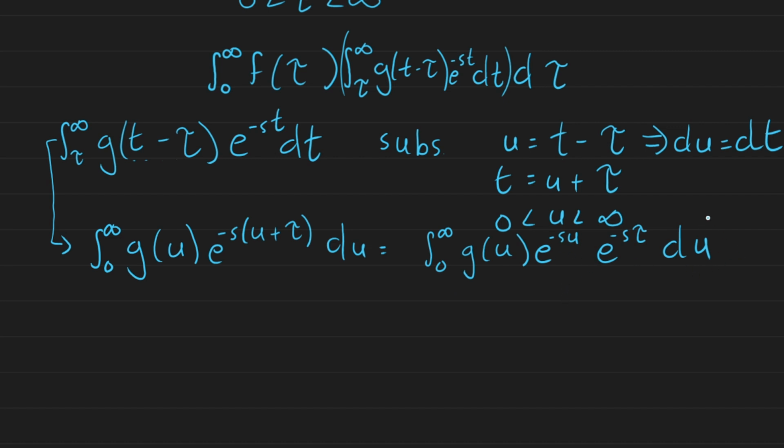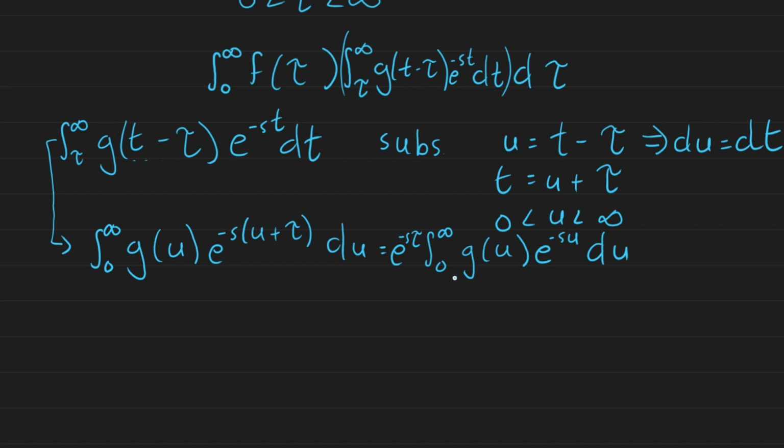However, since the integration variable is u, both s and tau are constants inside this integral. So we can bring this e to the minus s tau out of the integral. And this du, we can write a bit closer.